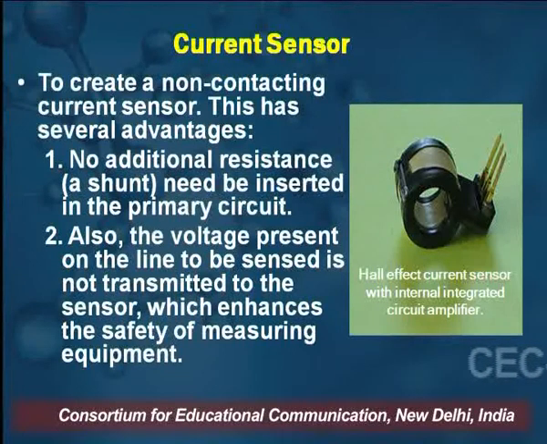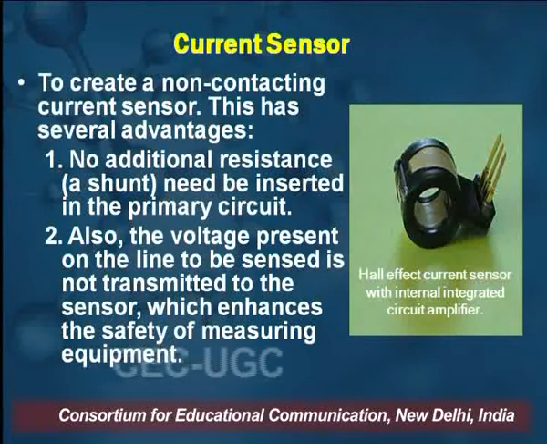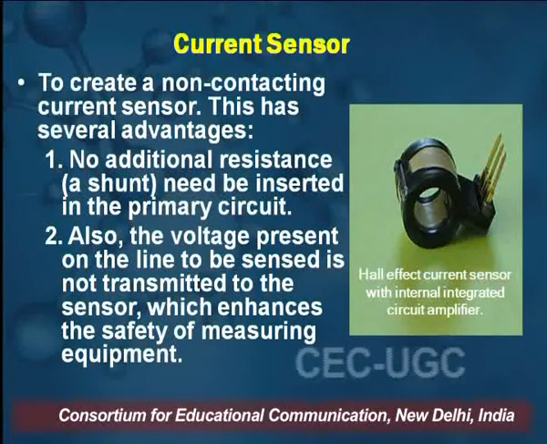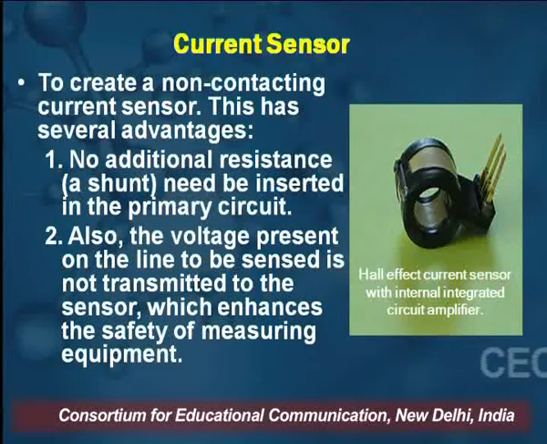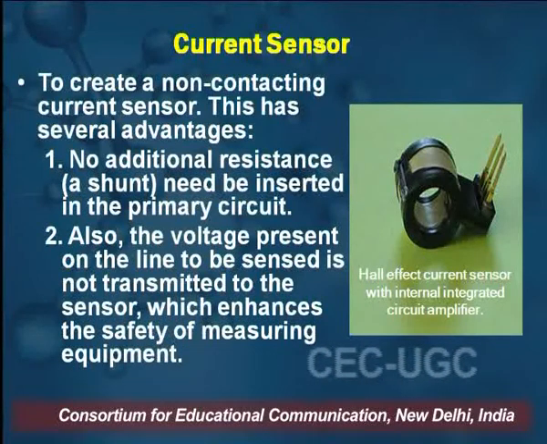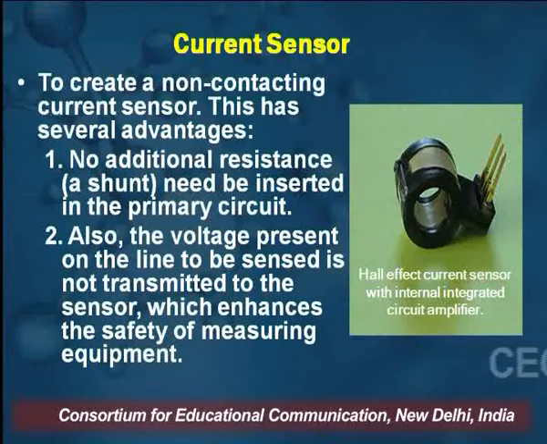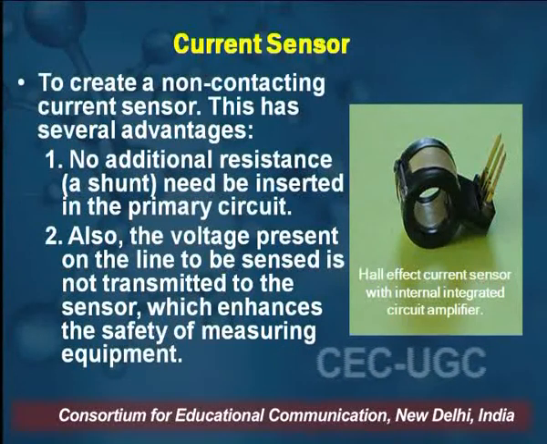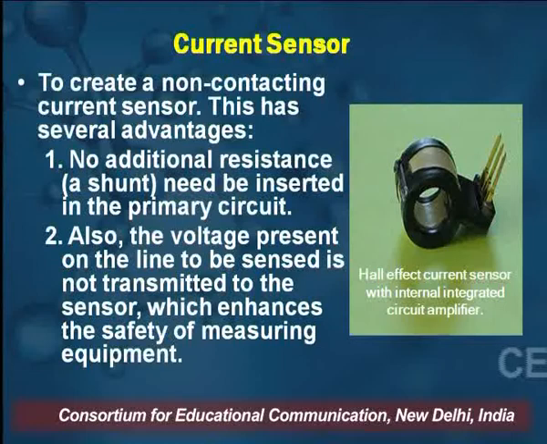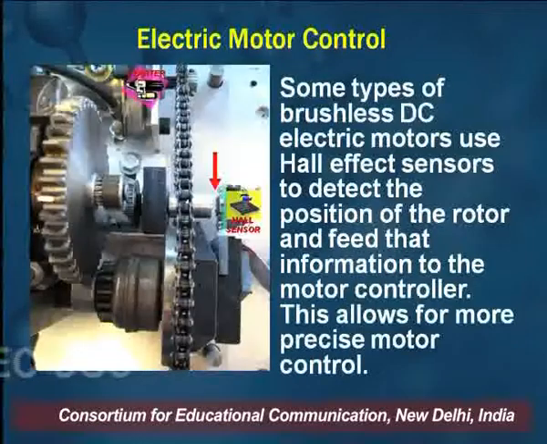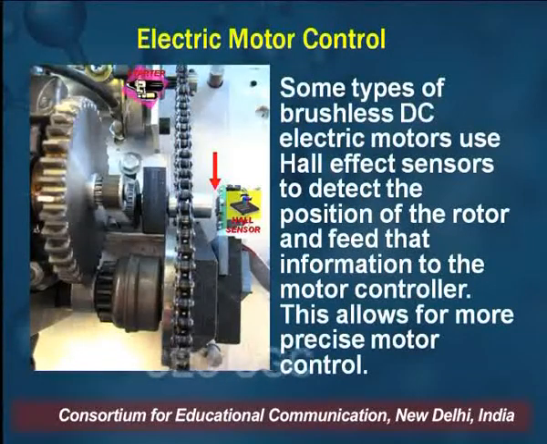Hall effect current sensors are used with an integrated circuit amplifier to create non-contacting current sensors. This has several advantages. No additional resistance or shunt needs to be inserted in the primary circuit if we use these current sensors. Also the voltage present on the line to be sensed is not transmitted to the sensor, which enhances the safety of the measuring equipment. The Hall effect is also used in electric motor control.